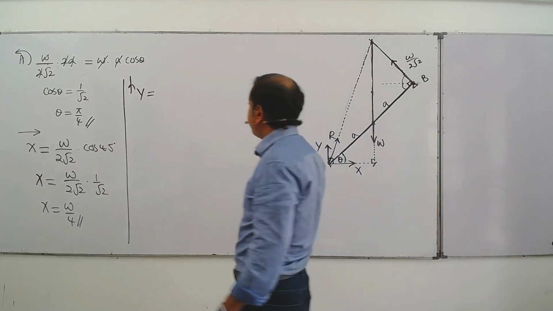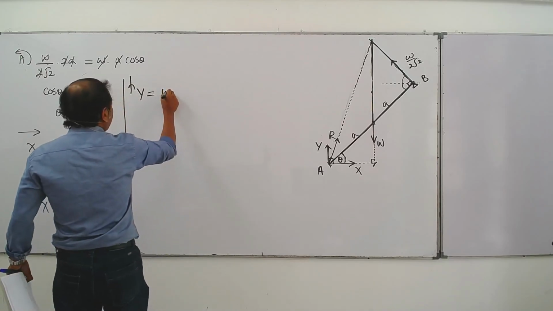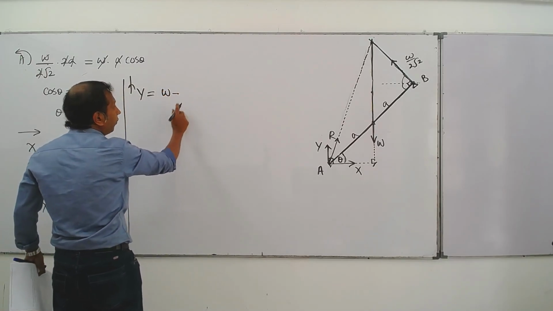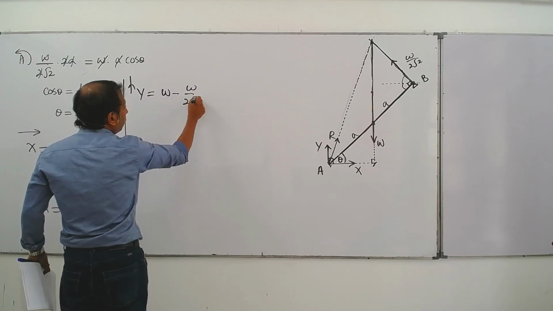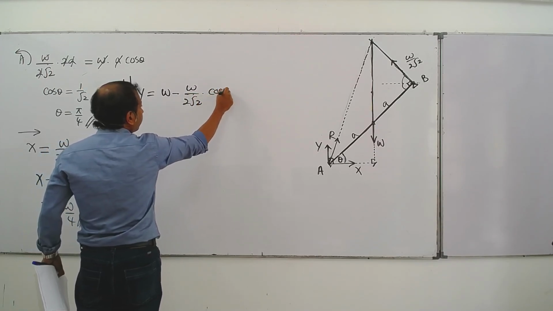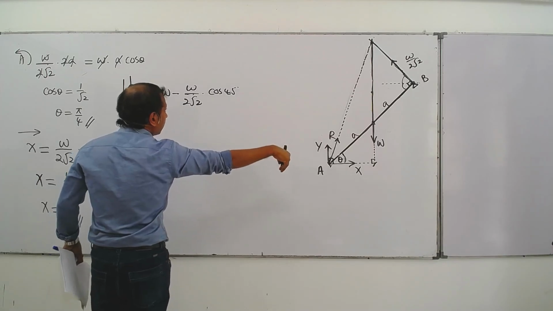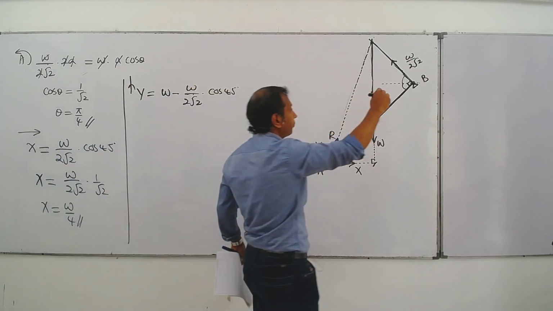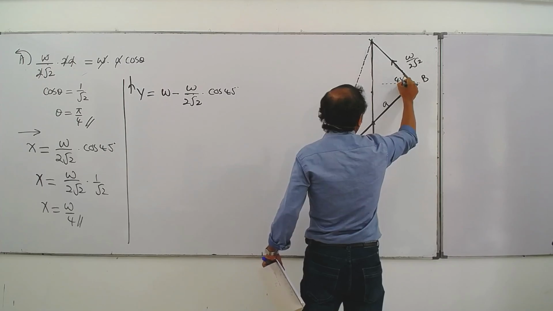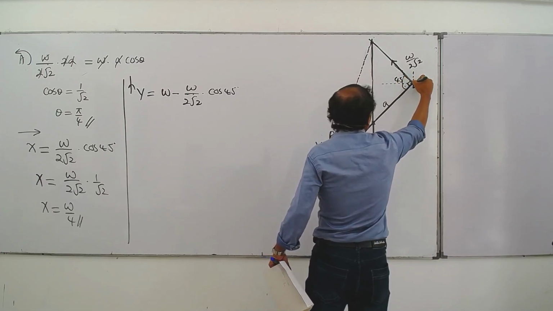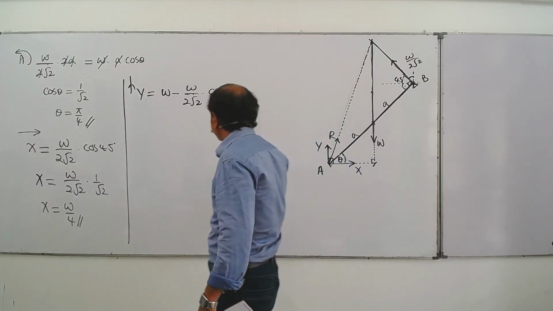So therefore, y is equal to W minus W over 2 root 2. Again, cos 45 or sin 45, both are correct because this angle is 45. This is 45, therefore this is 45. When you draw a vertical here, this is also 45. That's why.